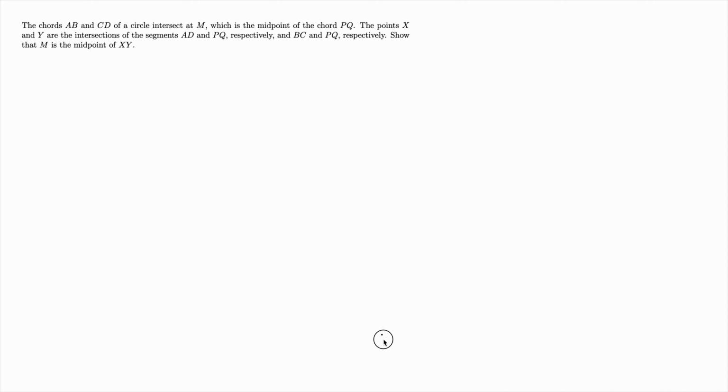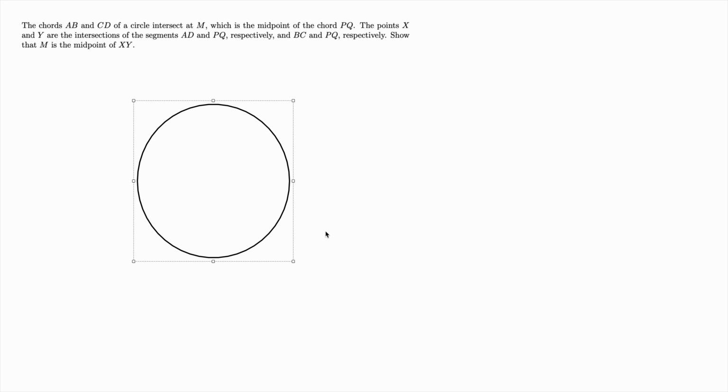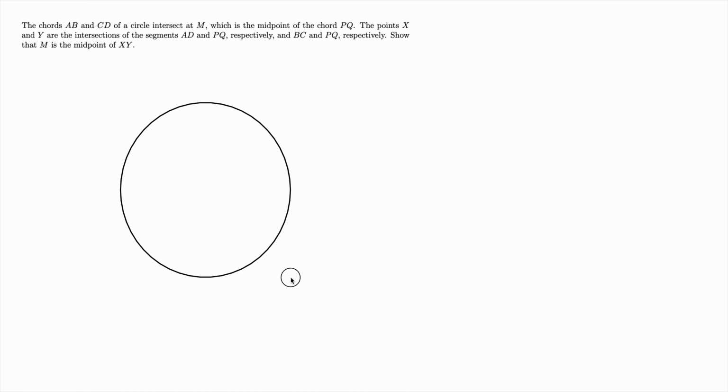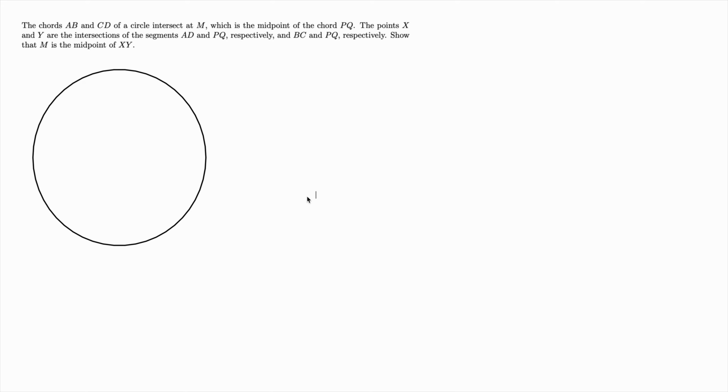I will explain it while drawing the diagram because it takes a while to draw them. So I think many of you might know the proof using similar triangles. So that's what I'm going to do right now. I'm going to prove it using similar triangles and the power of a point theorem.